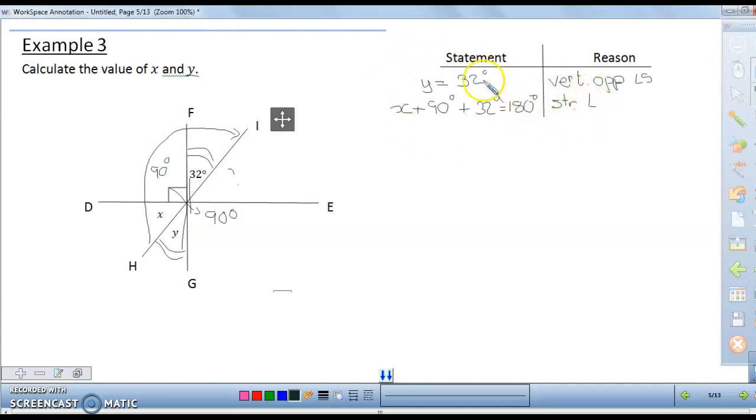Right, so let's add this up. If I simplify the left hand side, 90 plus 32 is going to give me 122 degrees. And that must be 180. Good. So solve the equation.